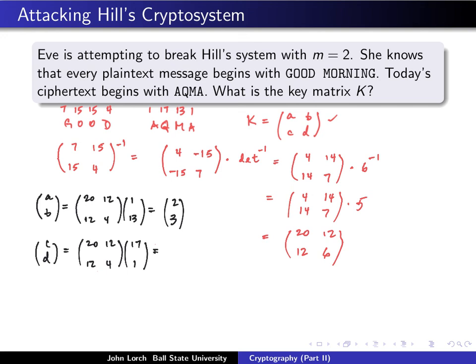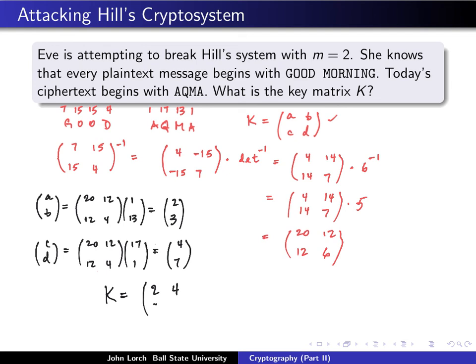And when you make this product, you get 4, 7. So that means that the key matrix for today is able to be determined by Eve, and it's this matrix. It's 2, 4, 3, and 7.